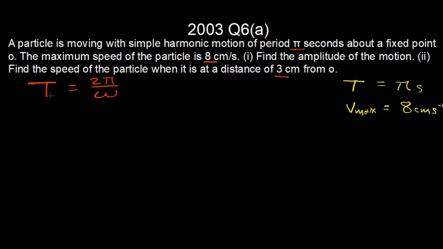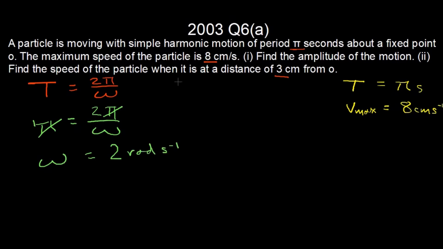We know that the period is pi, so pi is equal to 2 pi over omega. We have pi on both sides, so they cancel. We cross multiply, so we get omega is equal to 2. And the units for omega, which is angular velocity, is radians per second.